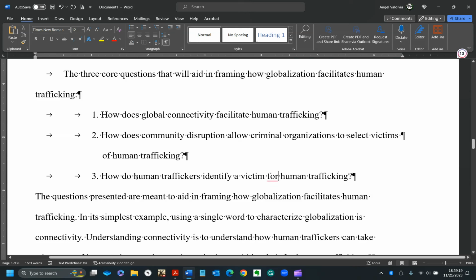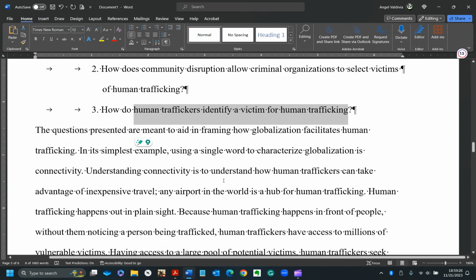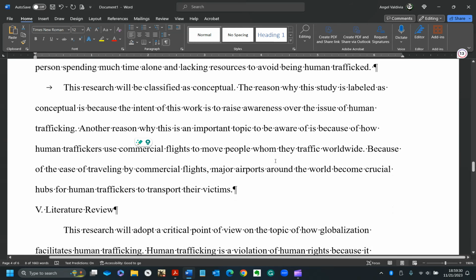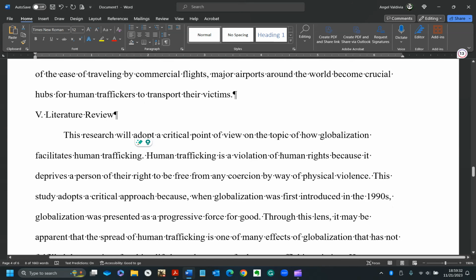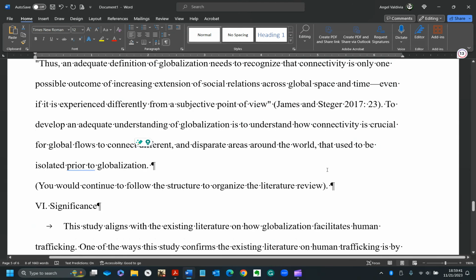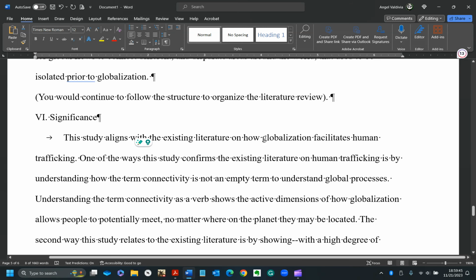Again, you would do the same thing, and this would be your third subheading and your third part of the essay that you're going to be organizing. Hopefully that makes sense. If not, make sure that you ask any points of clarification when we meet for our next class. Okay, so now I'm going to stop here, and then I'm going to continue with the significance.